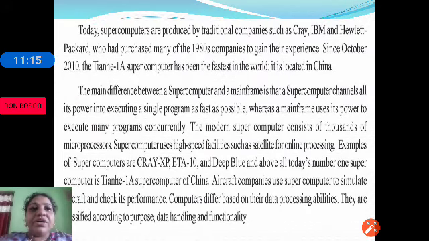Today supercomputers are made by companies like Cray, IBM, and Hewlett Packard. They use them for different purposes. And there are also supercomputers such as Deep Blue and Cray, ETA. All different countries have their own supercomputers.